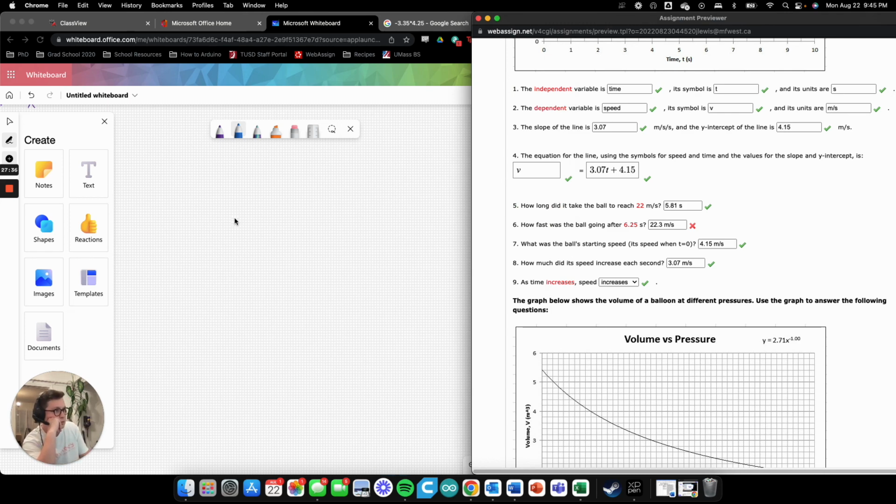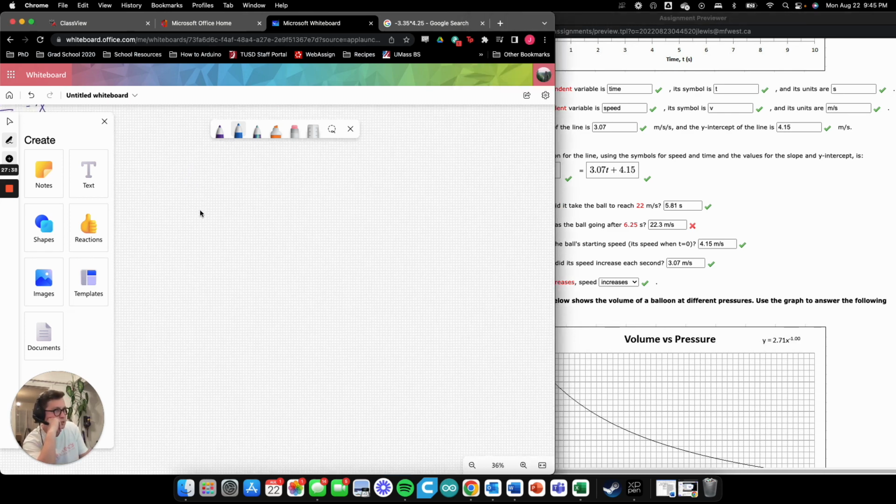Alright. We need to find velocity, which is equal to 3.07t plus 4.15. We're going to plug in t, which is 6.25.